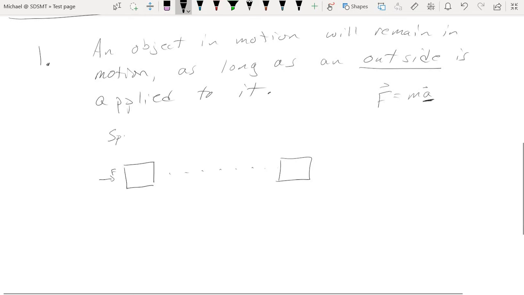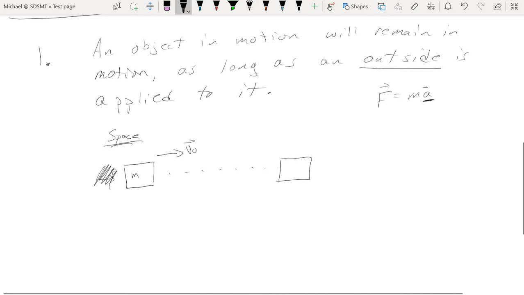So essentially, we would have to place this mass somewhere in outer space. And so now if we take that mass and we apply a force to it, that mass will start moving with some velocity.